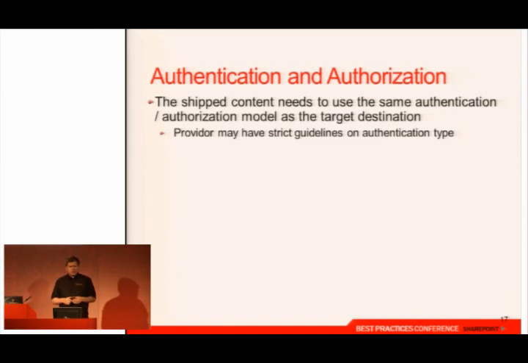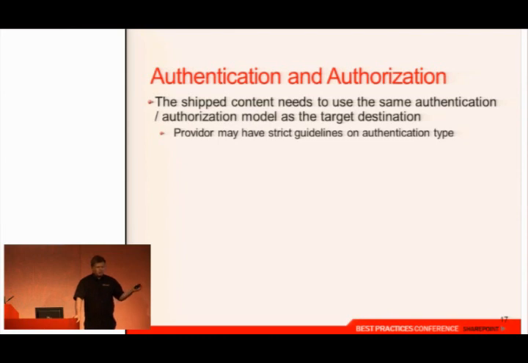Other things to think about in authorization space. If you're going to be doing partner access, for example, and you want to allow your partners to communicate with SharePoint Online, that means we have to start thinking about the whole federated authentication piece and trusting other STSs, other secure services, to be able to authenticate those users. Again, Microsoft will not be responsible for managing that relationship with your partners. We will trust you.